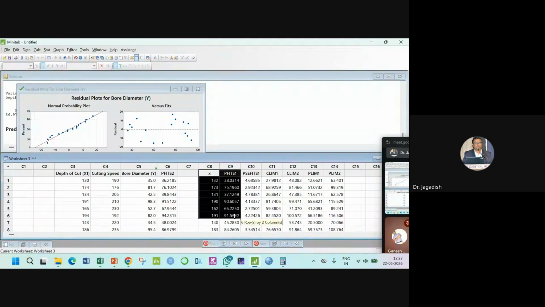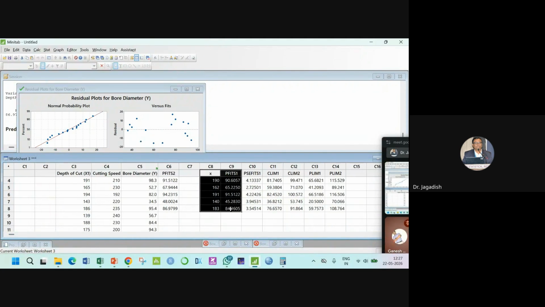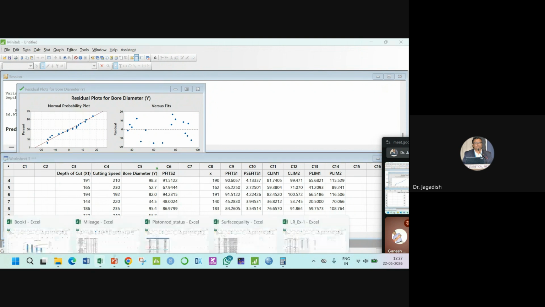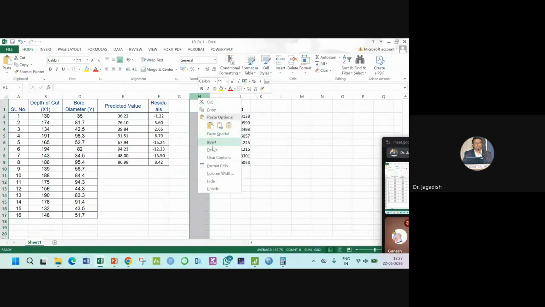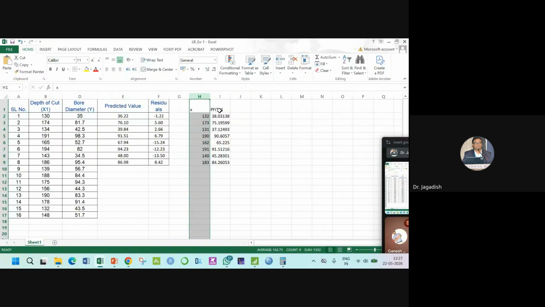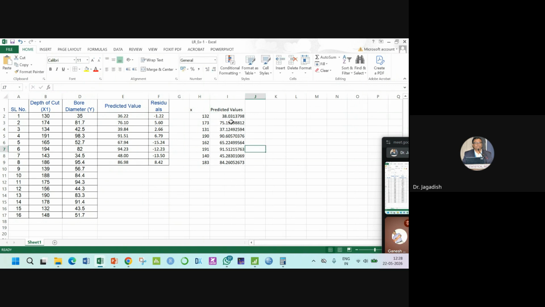Now my question is, suppose you take this value. At these different x values, I have predicted this. These are the values predicted by the equation for different values of x, isn't it? Now these values, whatever we get from the experimentation, will not be the same, right?